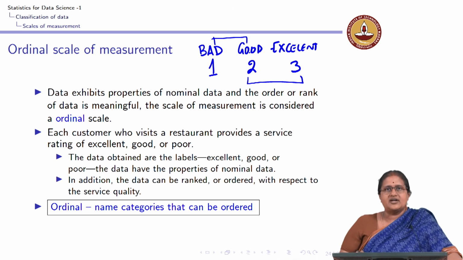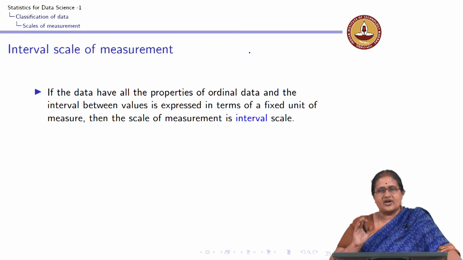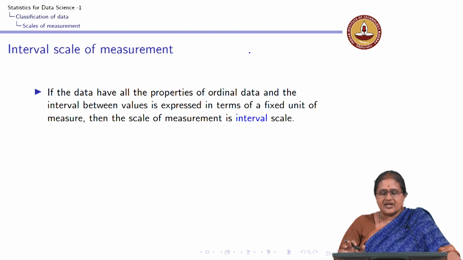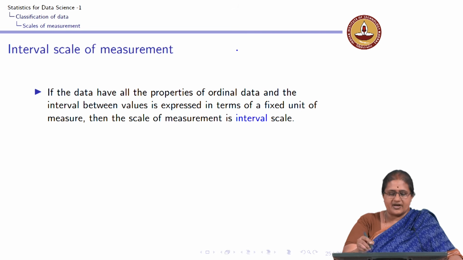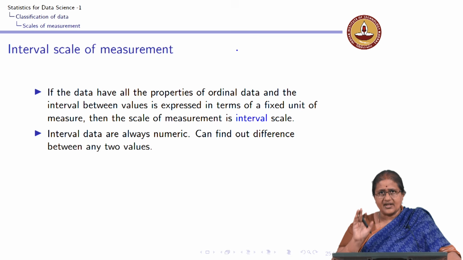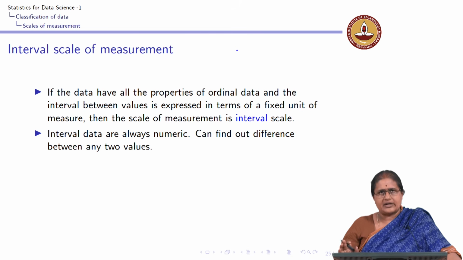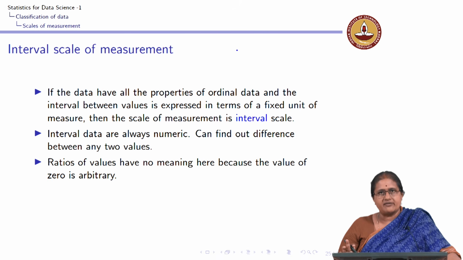Whereas when I have interval data, I have an ordering, and the interval between the values is expressed in units of a fixed unit of measure. So, I can find out the difference between any two values. Now, here ratios do not have any meaning because the value of 0 is arbitrary.